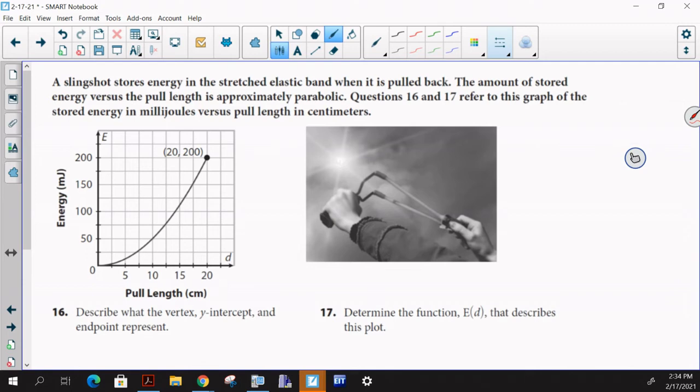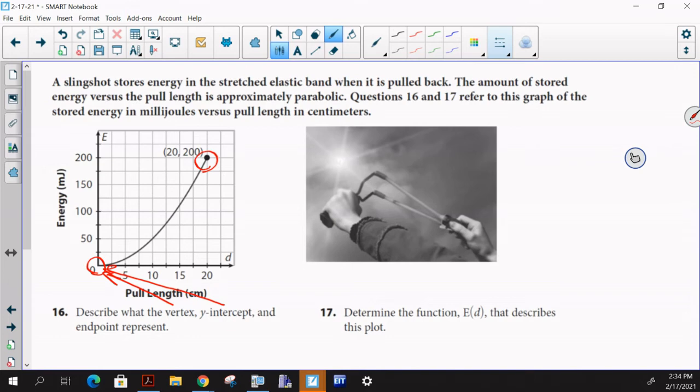Well, the first thing says, describe what the vertex and the y-intercept tell us, what those represent, and what this endpoint here represents. So let's talk about that a little bit.